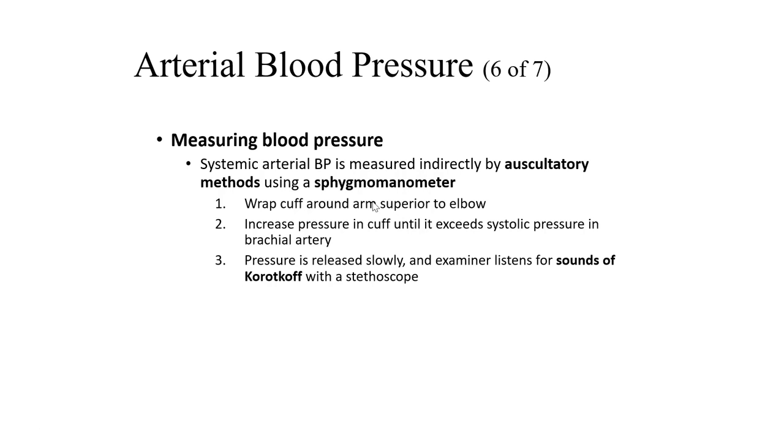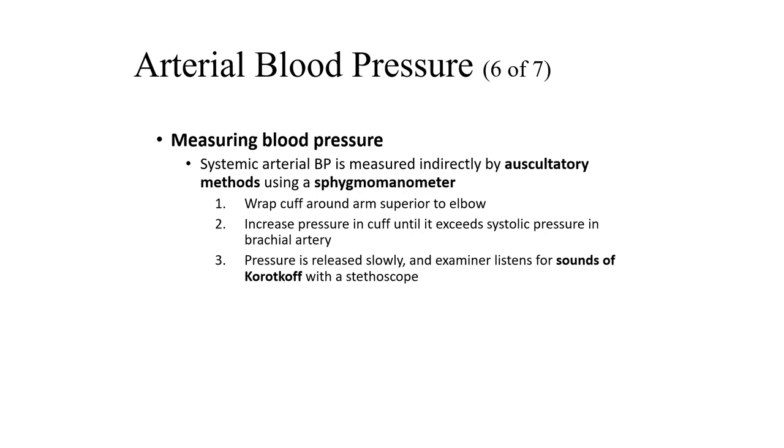So, blood pressure is measured indirectly by an auscultatory method using a sphygmomanometer. That's actually the blood pressure instrument. You wrap it around the arm, and then you increase the cuff pressure until it exceeds the systolic pressure in the brachial artery.